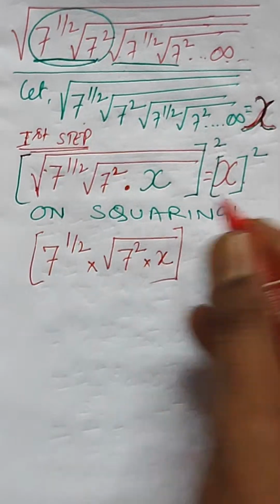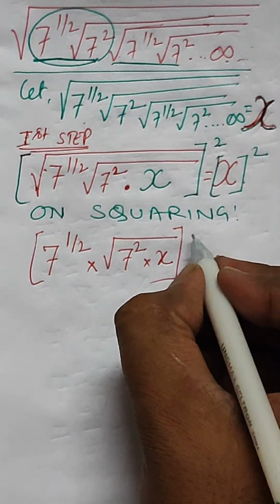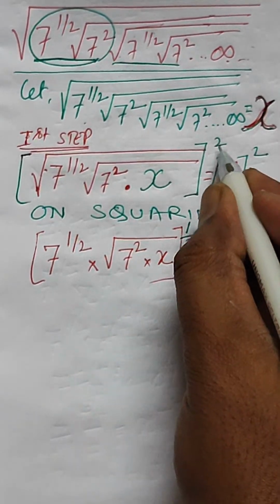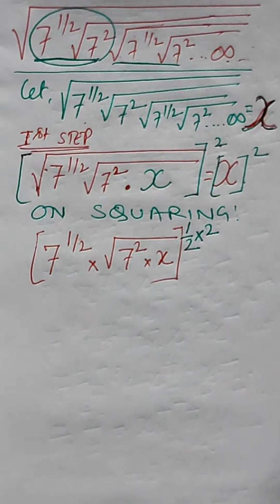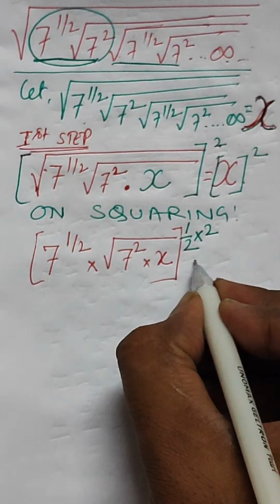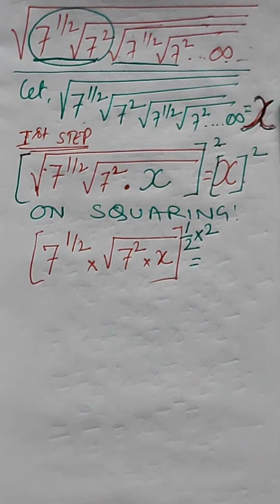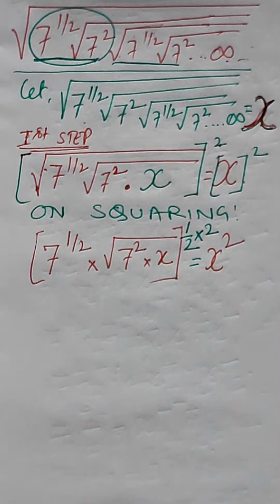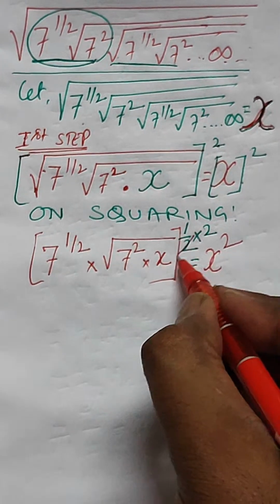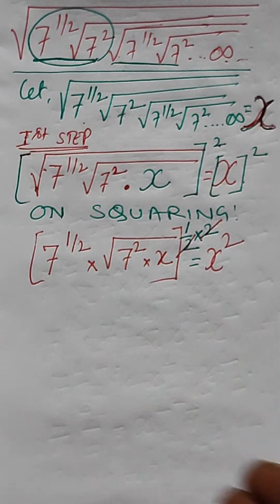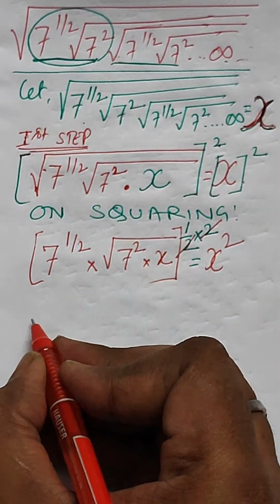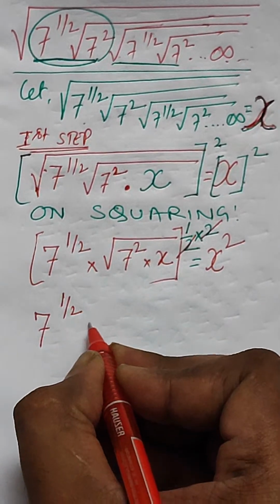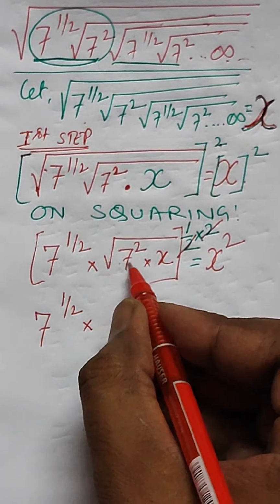Let me write it over here so that you can understand. This root will be giving you this 1 by 2 multiplied with this square, so 2 will be cancelled out and this will be equal to x square. In the RHS, this 2 and 2 will be cancelled out, so here we are left with 7 power 1 by 2 into root over of 7 square.